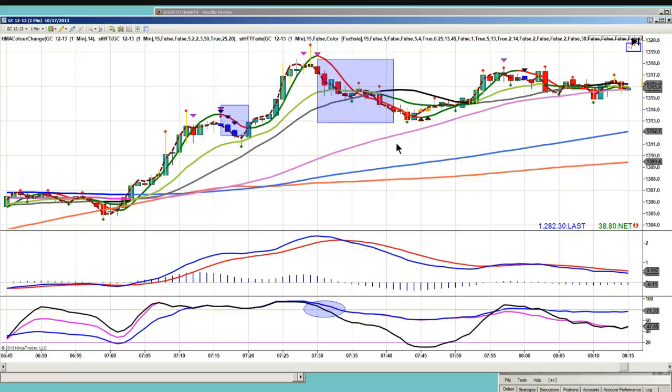And the answer to the question is no. The color change just simply means we're changing from long to short or short to long. It doesn't tell you how much or how long you're going to go in that new direction. It just says we're changing direction. That's it. You need other things to gauge how much.